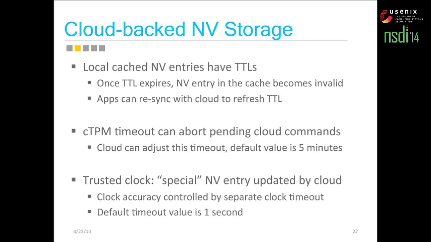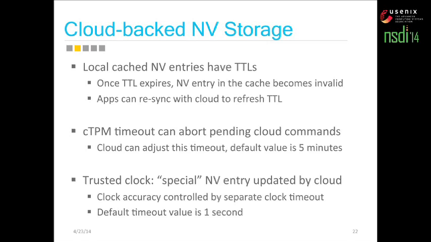If the TTL expires, the locally cached NV entry is no longer available, and the caller app has to resync this locally cached entry with the cloud-side persistent storage. Also, cTPM has a timeout to abort this cloud command. This timeout value could be adjusted by the cloud according to its needs. The current default value for this timeout is 5 minutes.